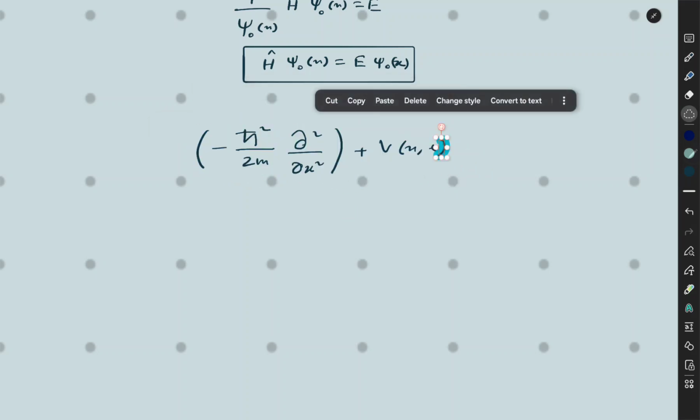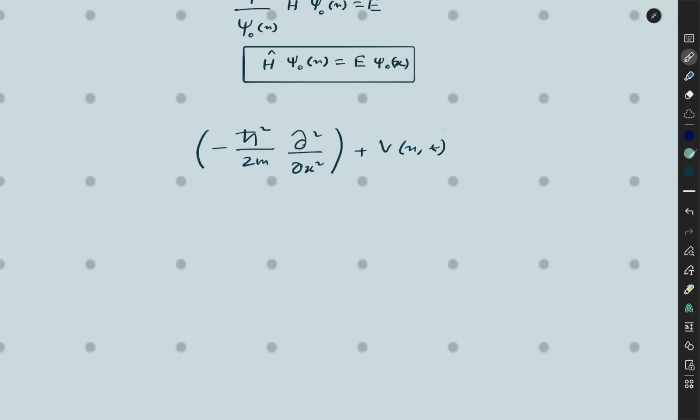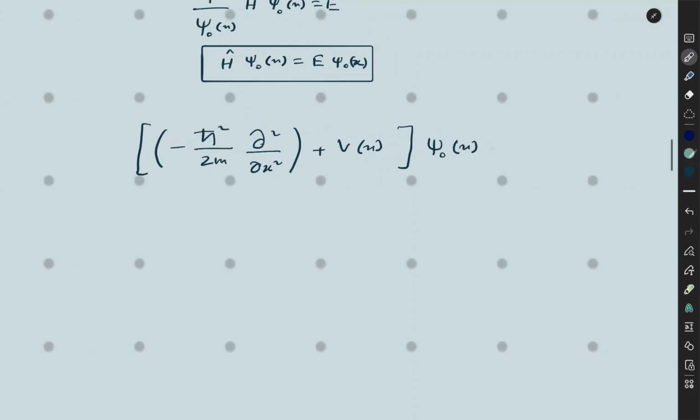So this is the Hamiltonian, and then we get psi of, and this Hamiltonian will become a function of x only and not a function of t, because we have assumed that it is only depending on x. So this is psi naught of x equal to energy times psi naught of x.